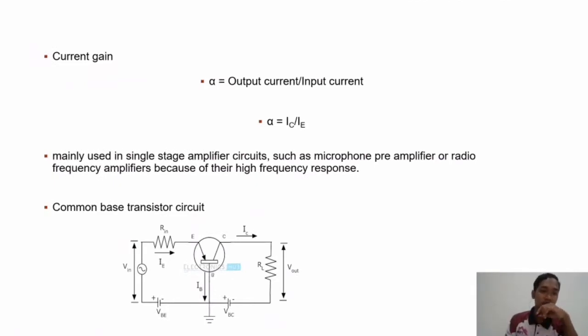The current gain alpha is output current per input current. Common base is mainly used in single stage amplifier circuits such as microphone preamplifiers or radio frequency amplifiers because of its high frequency response. Common base transistor circuit, as you can see in the diagram.